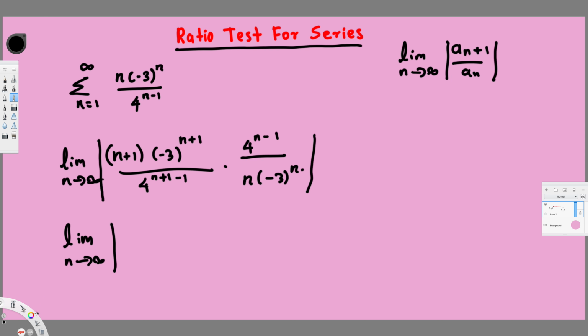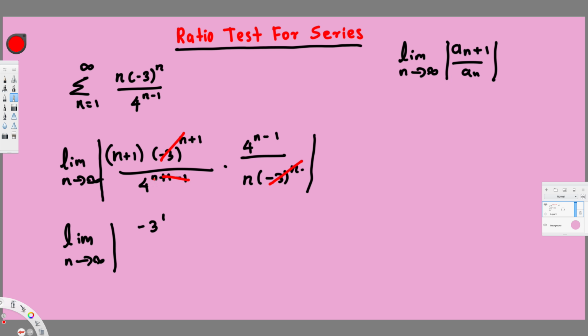So we can cancel the minus 3 to the power n and write minus 3 on top. In the denominator we have n, and the plus 1 minus 1 become 0 when added, so we can cancel these two.